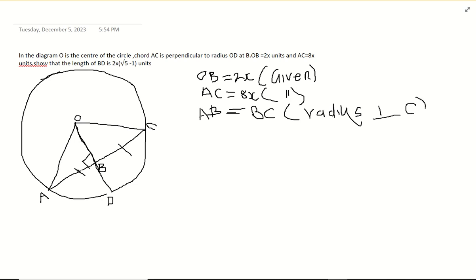I'm just going to write C. The radius is perpendicular to the chord, so that will be my reason. If you look at theorem 1, you will see what I am talking about.